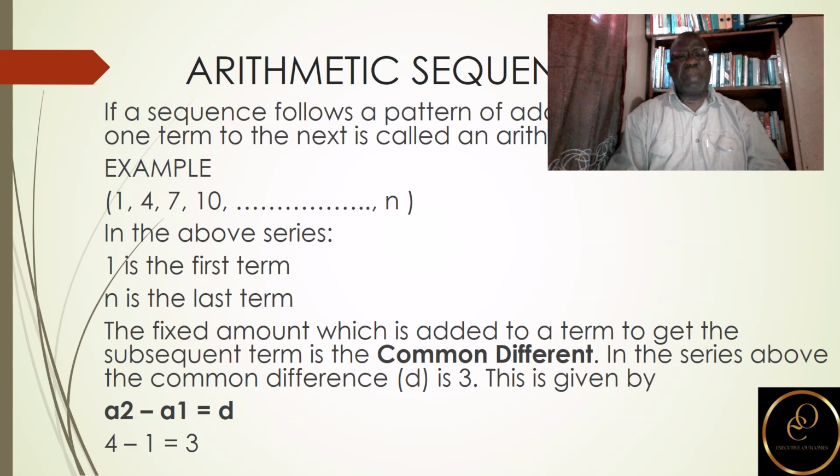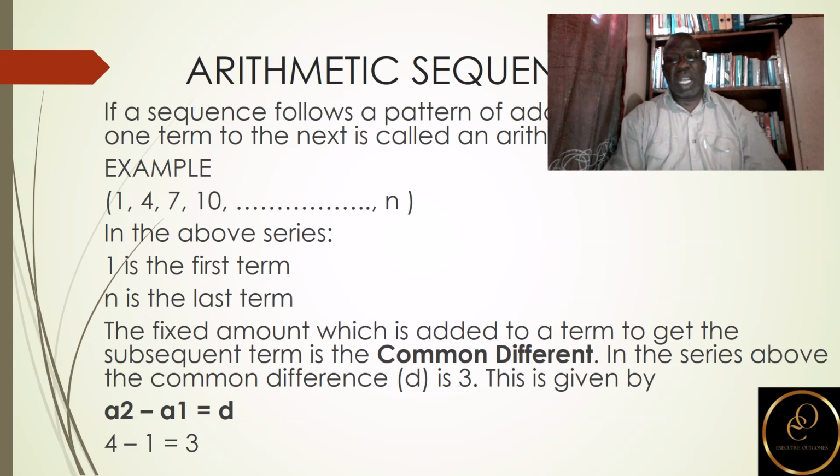If you move to the next, which is 7 and 10, you subtract 7 from 10, you still get 3. So you can see this is the number which is the common difference between any two subsequent numbers. So that is called the common difference, and normally it's represented by the letter d to show that it's a common difference.